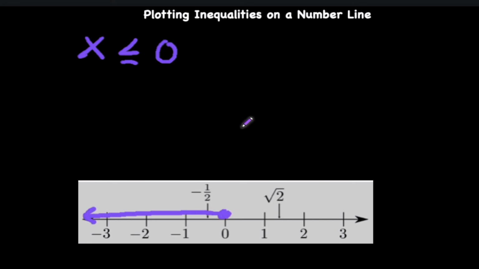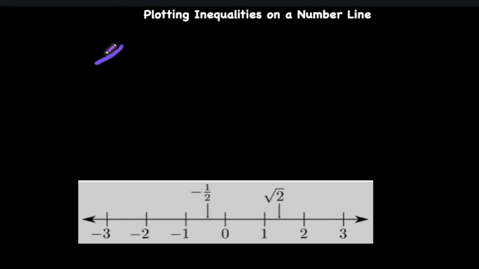And last but not least, let's say you need to plot x is greater than -1/2. So taking a look at the inequality symbol, we know that this will be an open circle, and we will shade to the right.